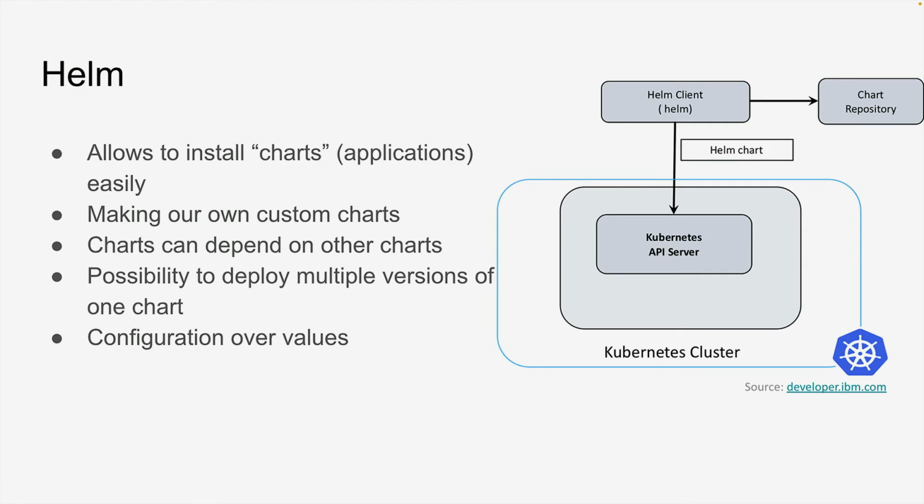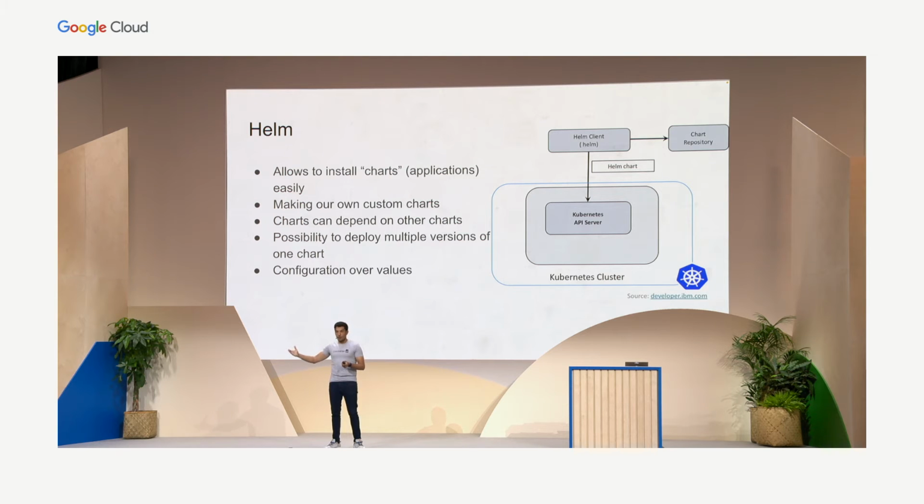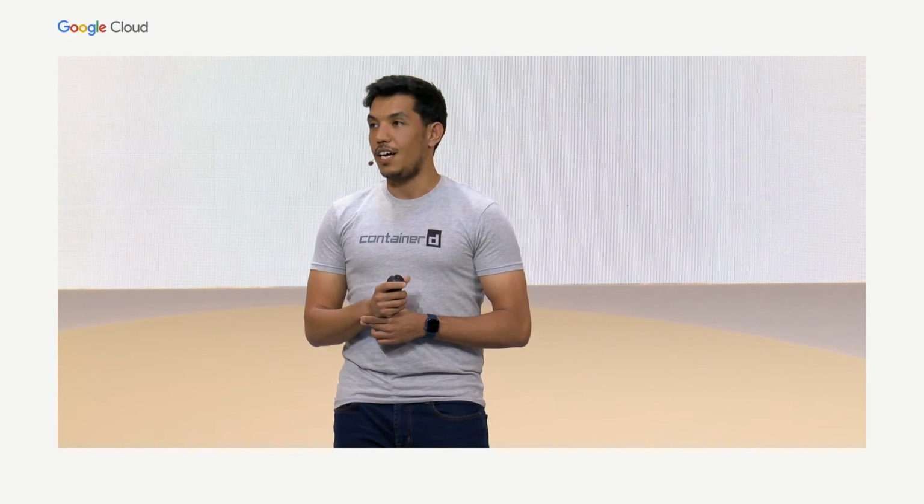Either we start using Helm, and Helm follows a configuration over values kind of solution. So you have basically the base or the configuration. You define variables in your Kubernetes manifest, and you define the values of those variables depending on the version and also the environment that you want to run your application in.